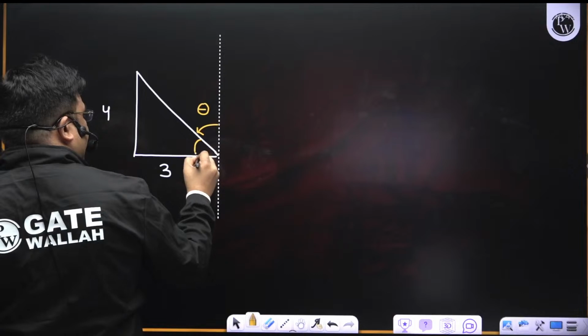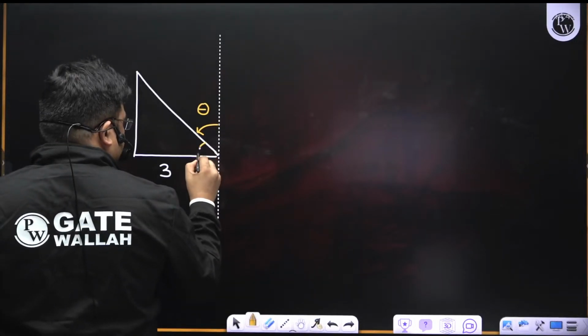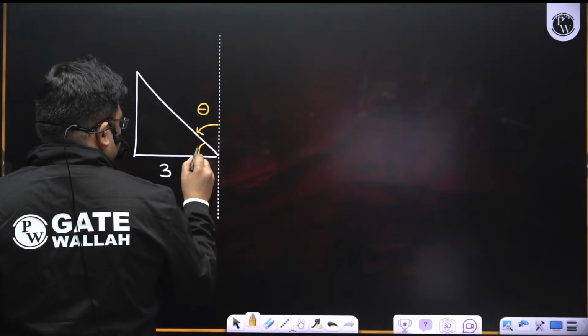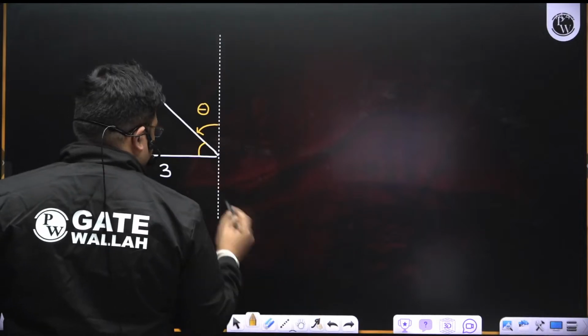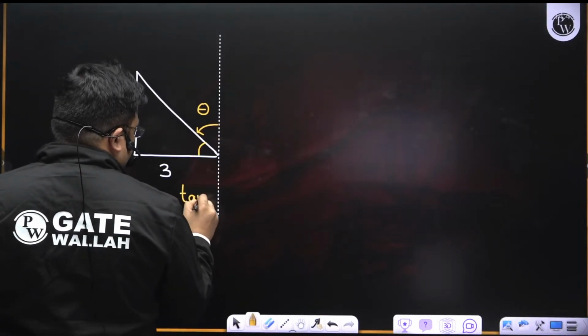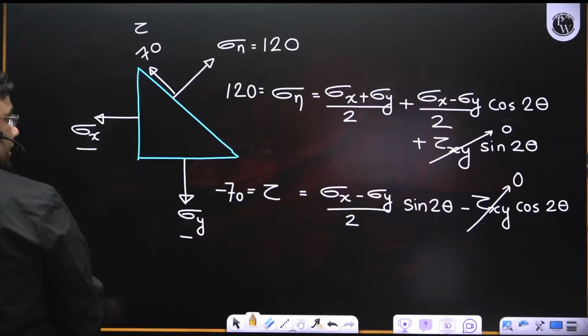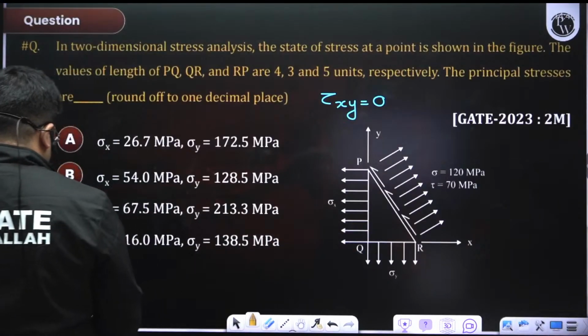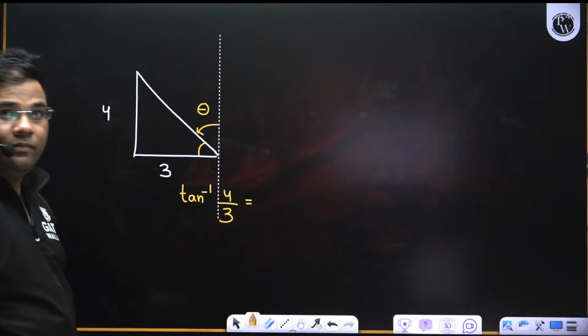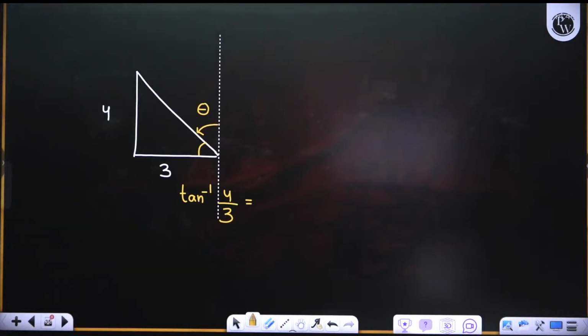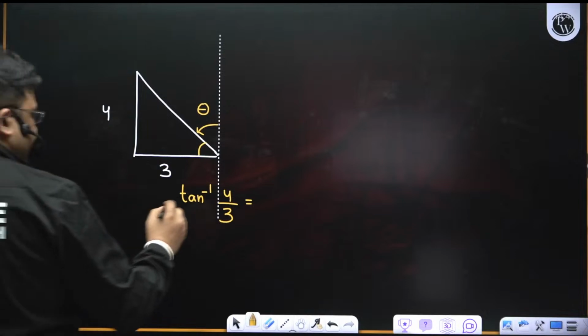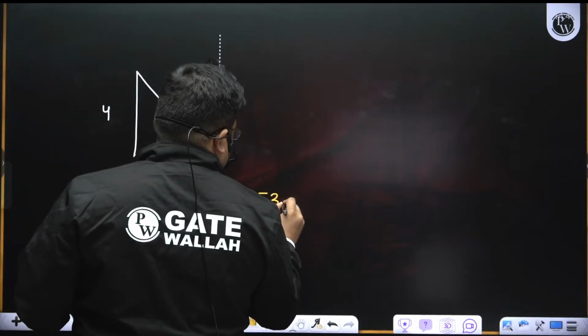Yes, we can find this angle. This angle will be tan inverse of 4 by 3, since this is given 4 and this is given 3. Tan inverse of 4 by 3 gives 53.13.